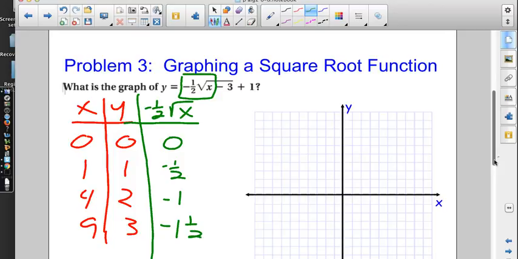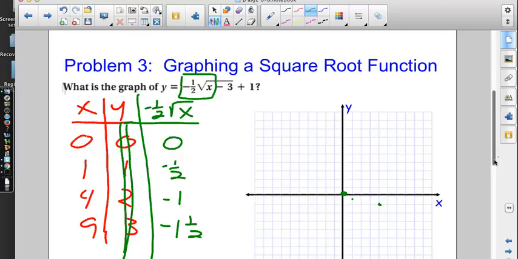That's the shape of this graph. So that's the one that's dashed or dotted. So we've got 0, 0, 1, negative 1/2. And some of you, so this isn't confusing, might want to do this. I'm just going to cross off that middle one because it wasn't done when we found the square root of x. We also had to take it times the negative 1/2. 1, negative 1/2. 4, negative 1.